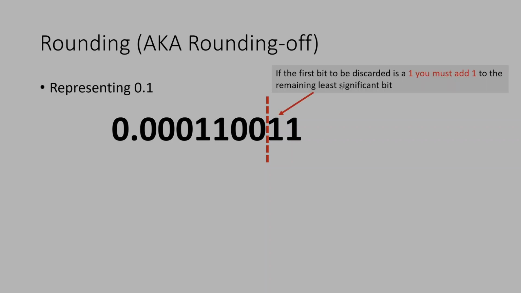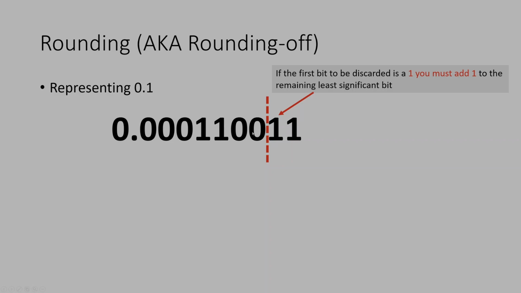Now, the same number, if we try and round it, is slightly better than truncation. So if we have that original representation, and this time we're going to cut it in the same place, but there's a rule that we have to stick to, which is the notion that if the first bit of the bits that we are discarding, that we're chopping off, if that's a 1, we've got to add 1 to the remaining value.